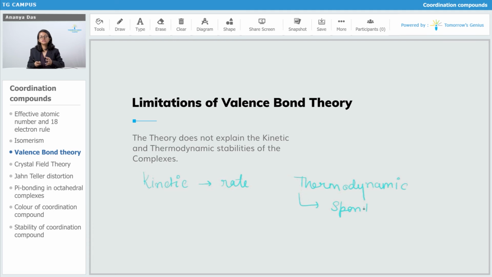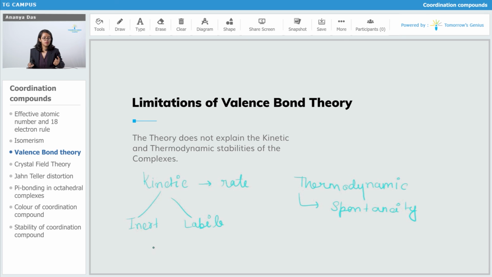If the complex is inert, that means it is not going to react fast with a particular reagent. Inert and labile you can judge only with a particular reagent. Inert means it's not going to react fast with a particular reagent, and labile means it's going to react fast with it. And in thermodynamics, we can say that a complex is perfect or it is imperfect.